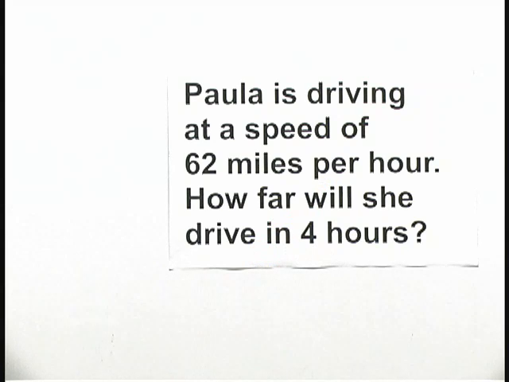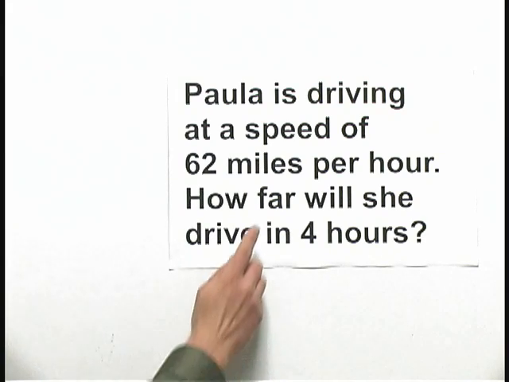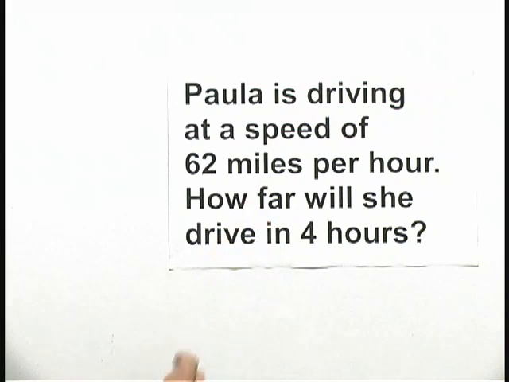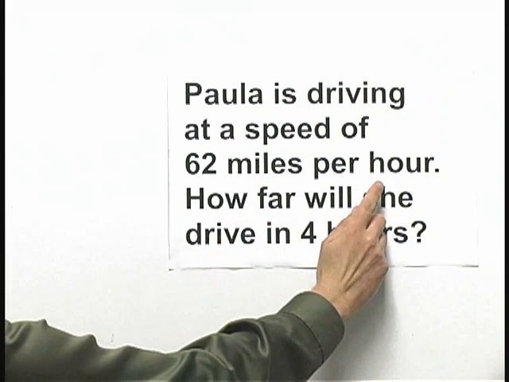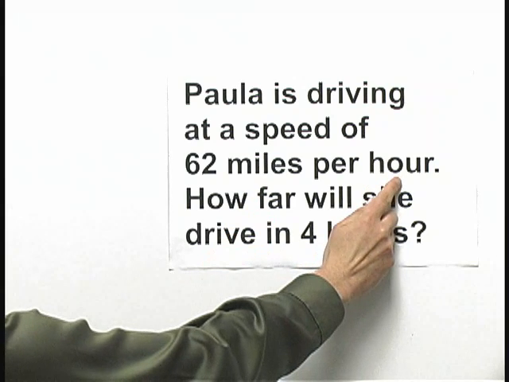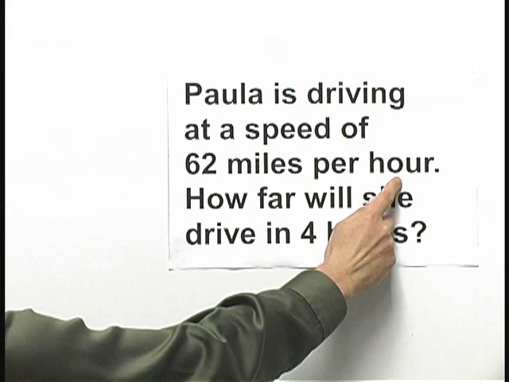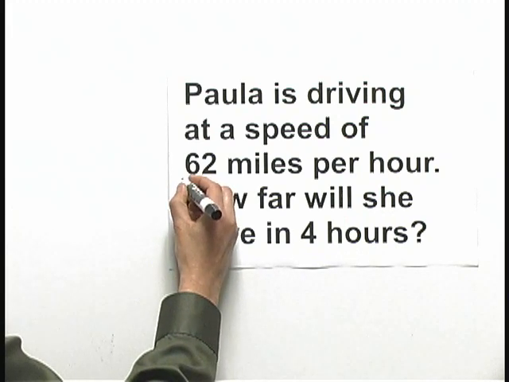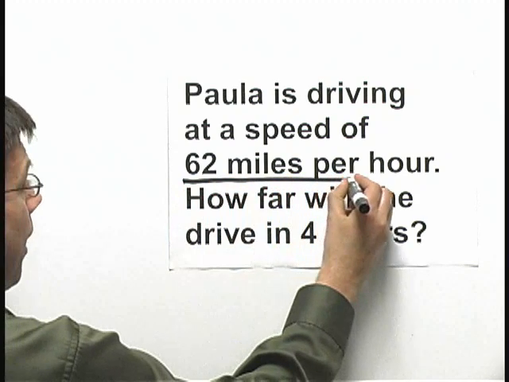When a rate is expressed using the word per, there are always units in front of the per. That's the miles right here. And there are also units that come after the per. That's hour here. Our rate in this problem is 62 miles per hour.